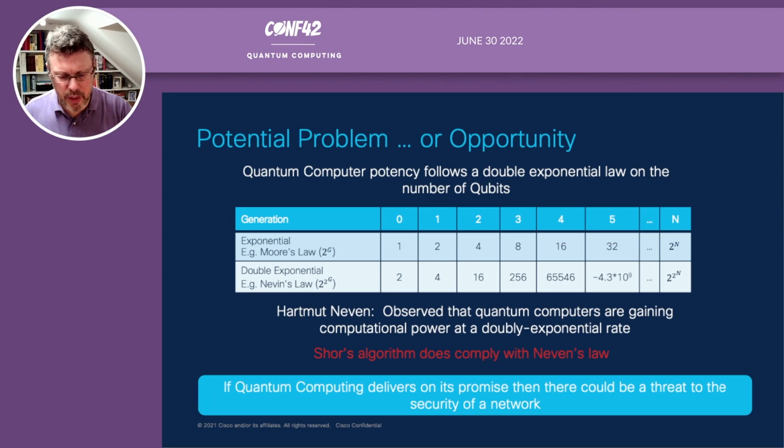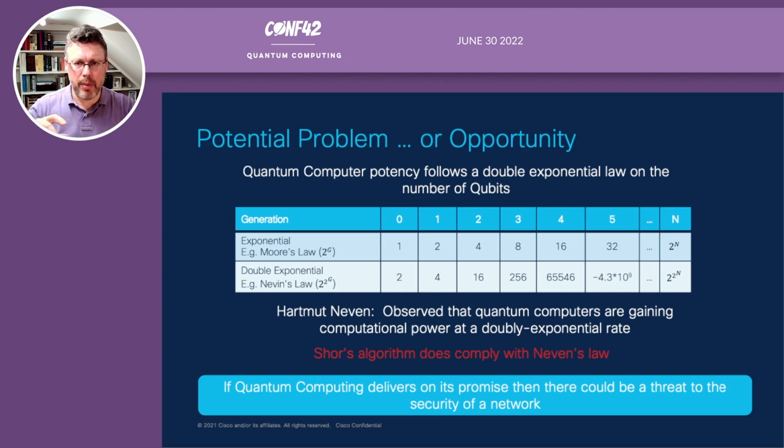We're quite used to measuring the potency of calculations in a silicon-based, classical system through Moore's law. In other words, we expect every 18 months or so for a silicon-based processor to double in its potency over time. And that's what the top line of this table shows.